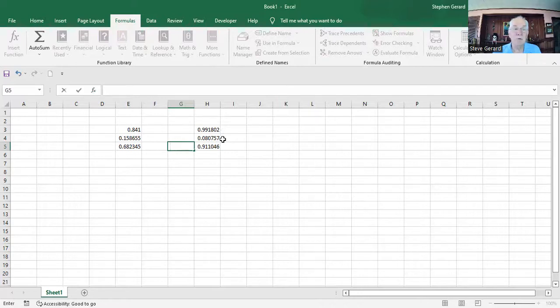The probability of getting the lower number is 0.08. So the probability of getting a score between those two numbers is about 91%, 91.1%. That's how a lot of apparently sophisticated problems are done using z-scores.